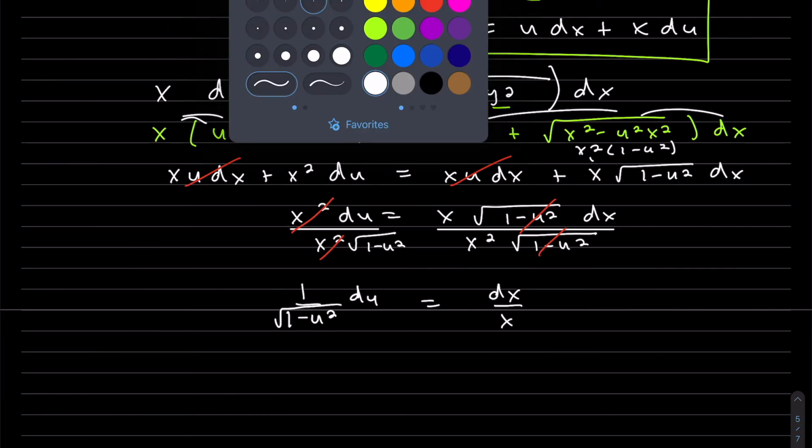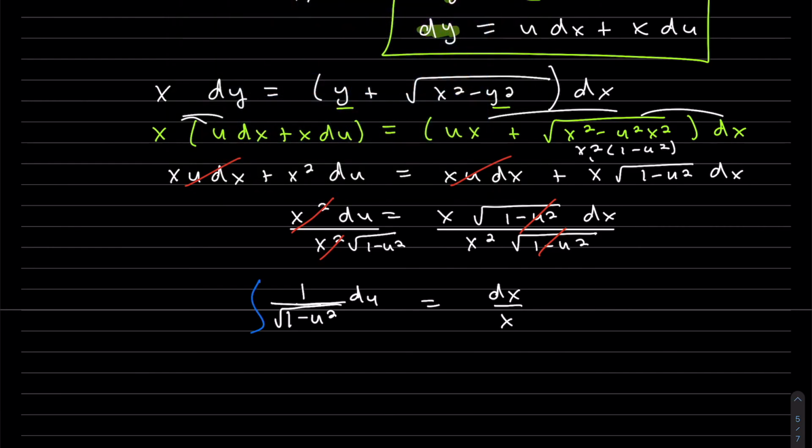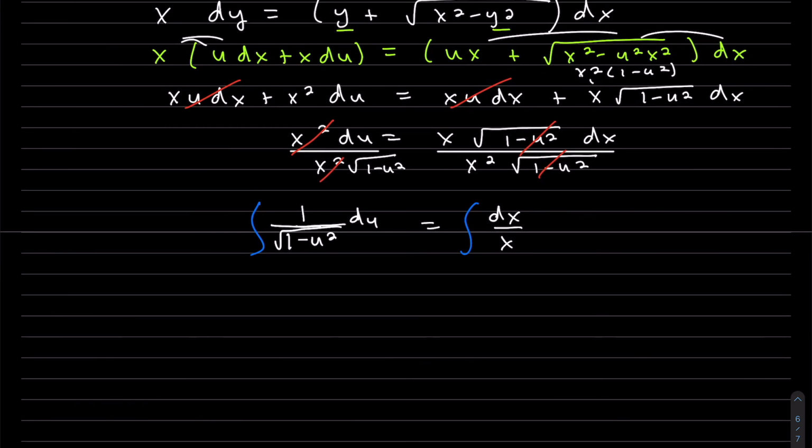Okay, so now we can integrate both sides. That looks like a trig inverse. Oh yeah, that looks like it's the sine inverse of u. We add our plus c.